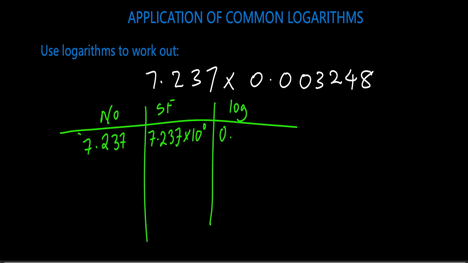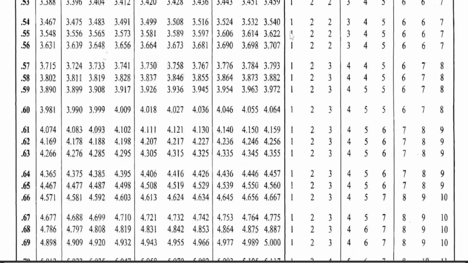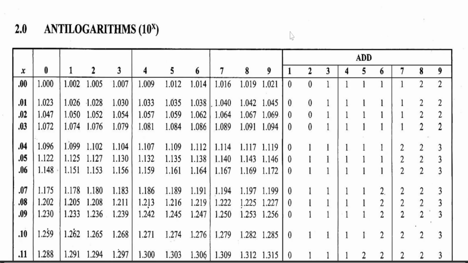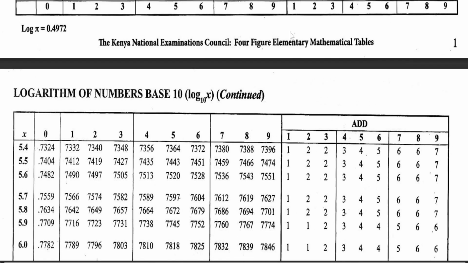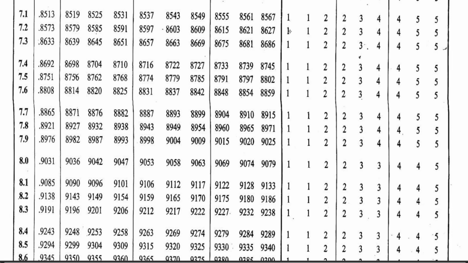Then we search for the log of 7.237. So 7.2, and then this is 3, and this is 7. So that is 8591.